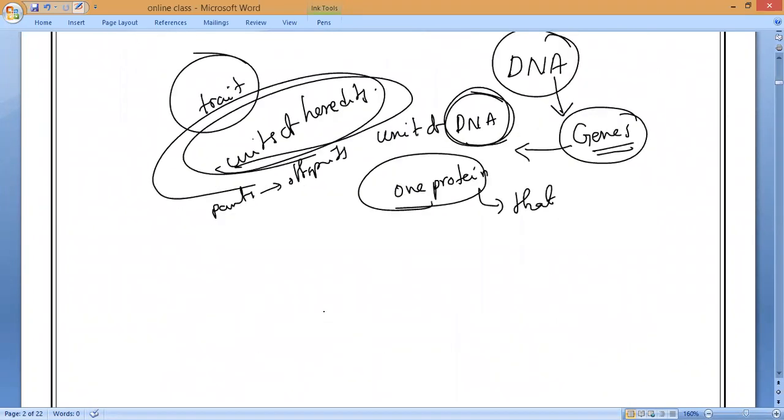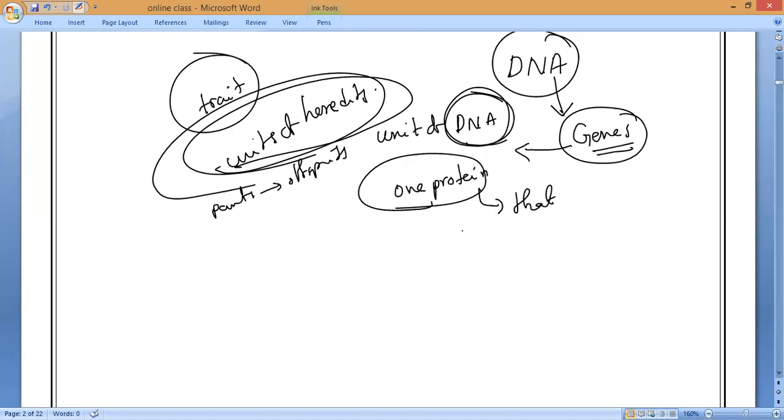The number of genes varies from organism to organism. In humans it is different, in animals it is different, and in different plants it is always different. Every gene indicates one characteristic and controls a specific character in an organism.